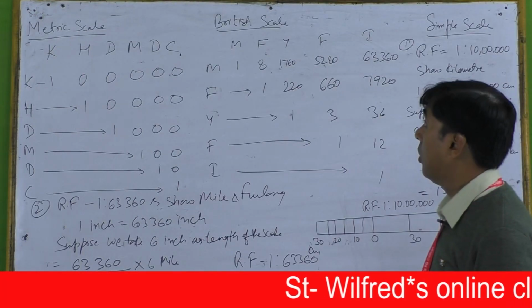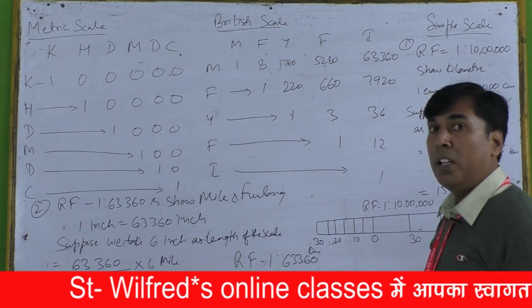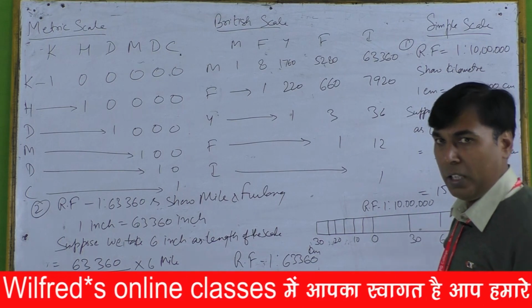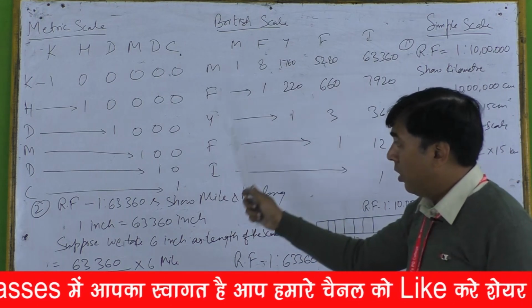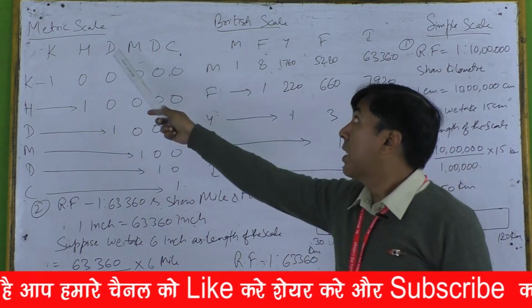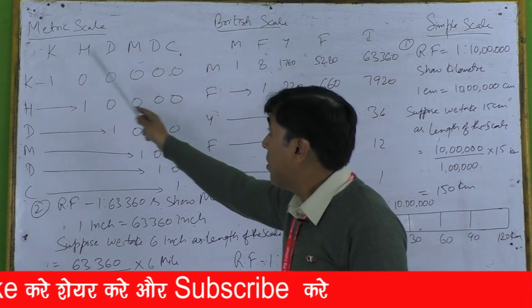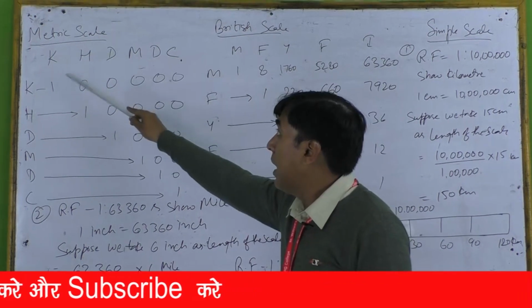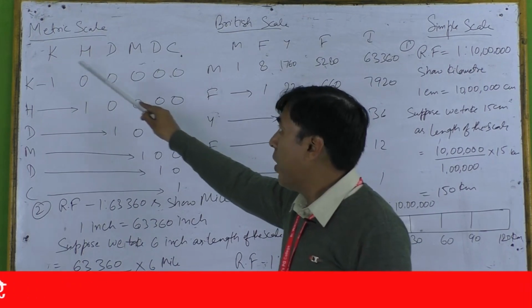Before starting the calculation of the simple scale, diagonal scale and comparative scale, we need to know about the units or values of the metric scale and British scale. So I have written something for the metric scale, KHDMDC, to learn it in an easy way.